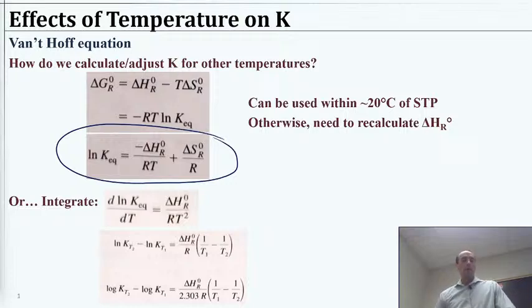So we can use the Van 't Hoff equation to find the K value at a new temperature, when we know the K value at temperature 1, which oftentimes we can do, or we can solve if we say that's the standard temperature, 25 Celsius.